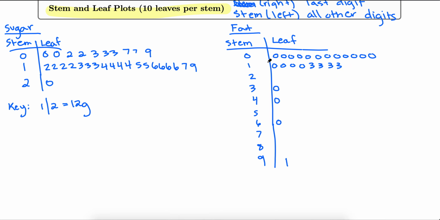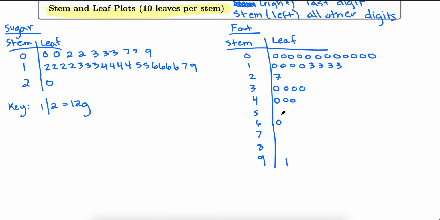So remember what this means, 1.3 or 1.0. There is a 2.7. We have 4, in fact, that have 3 grams of fat even, and 3 that have 4 grams of fat even.